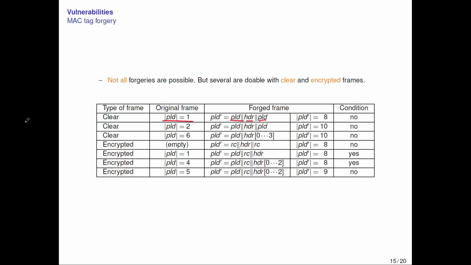Likewise, from a genuine encrypted frame containing a 1-byte payload, it is possible to forge a valid encrypted frame by concatenating to the original payload the implicit counter followed by the header. And then this yields a valid encrypted frame whose payload is 8 bytes long.